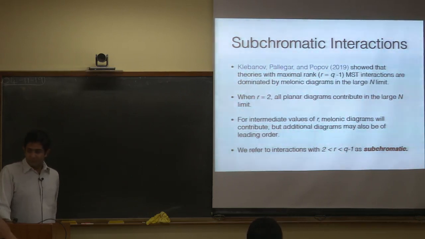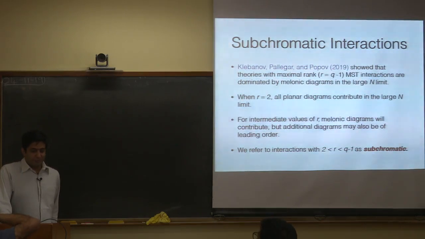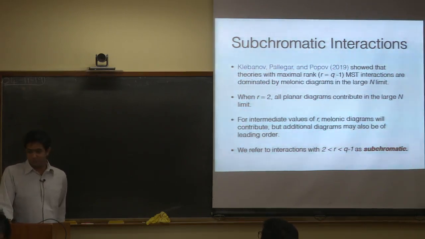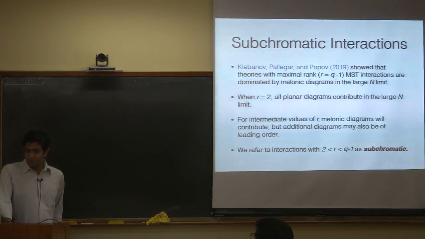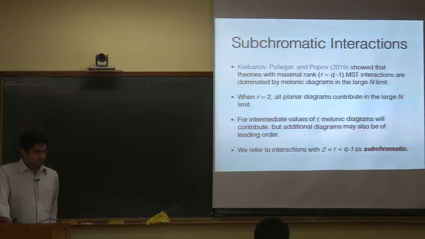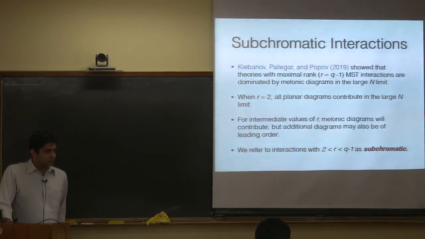So what is rank again, please? Rank is the number of indices on the fields. So if you have 3 indices or 4 indices. And Q was what again? Q is the order of the interaction. In the usual model, you could have certain large Q interactions, or your index in the field also increased with Q. So that was the kind of thing, where the ratio is 1 in that situation.